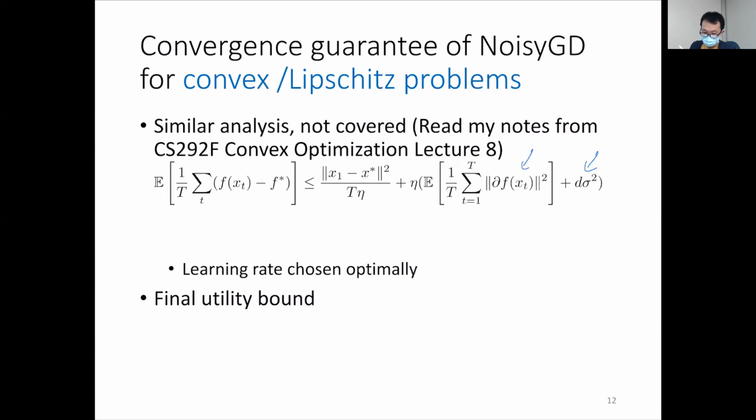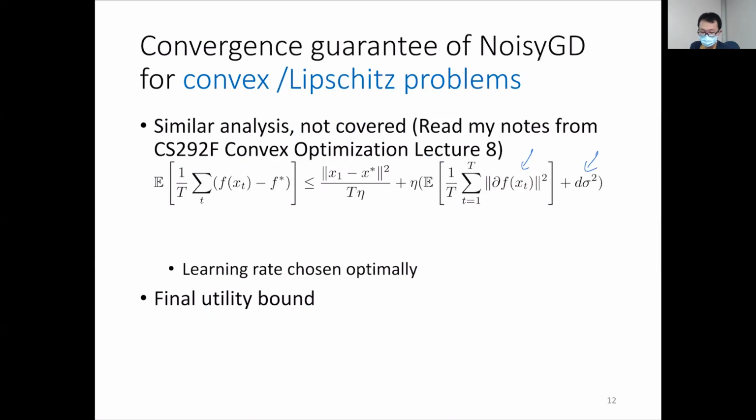Because we have no smoothness, we no longer have this restriction that we need to choose the learning rate to be smaller than 1 over beta, right? Because we don't have that, we lost the monotonicity of the convergence, but that's fine.